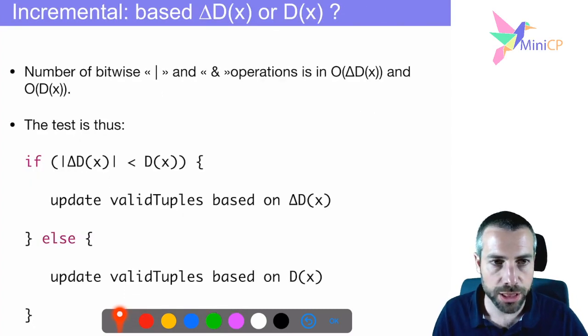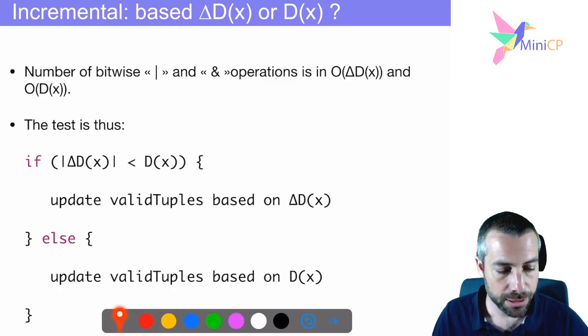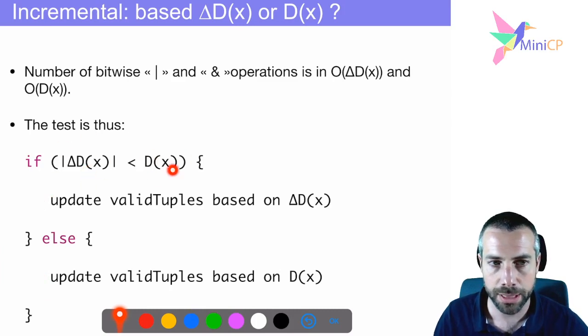Which strategy should we decide on? Is it the one that is based on what remains in the domain of X, or is it the one that is based on the delta set? There is a simple argument for using one or the other, and you can dynamically check which one you should use. It's based on the size of the delta set with respect to the current size of the domain.